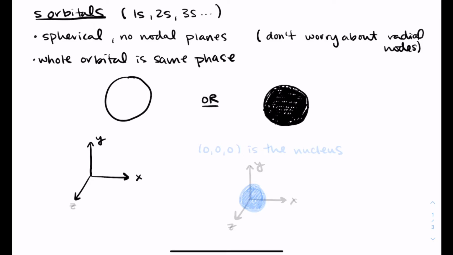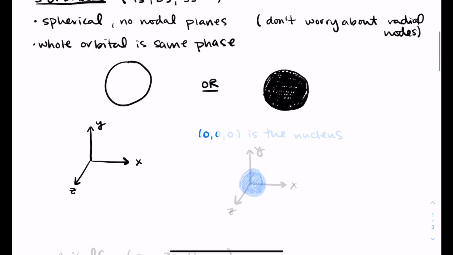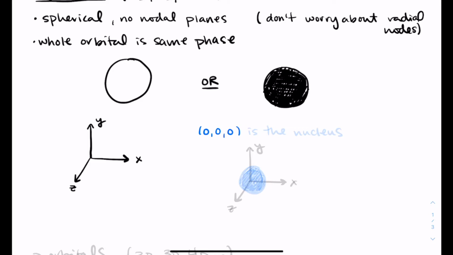Again, this doesn't really matter too much for a sphere, but to show you what that sphere would look like on an axis system, I've got that here with the orbital drawn in blue and 0, 0, 0, so the absolute origin is where the nucleus is, right? Everything is centered around the nucleus. So that's an s orbital. You'll draw it like a circle. It really means that it's a sphere. You can either shade it or unshade it. I would say that the majority of people choose to not shade their s orbitals, but both are correct.